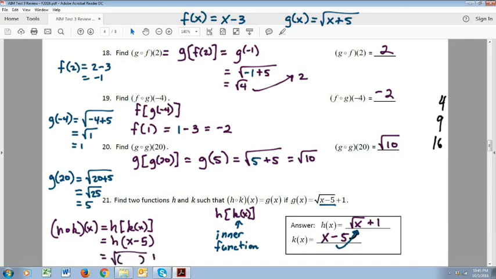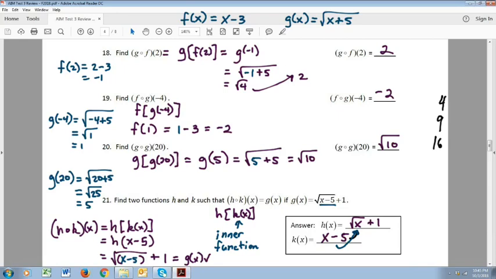And so we're going to plug x minus 5 into our h function, which is the square root of our input plus 1. And so when we plug in x minus 5, we do get g of x, which was the square root of x minus 5 plus 1.